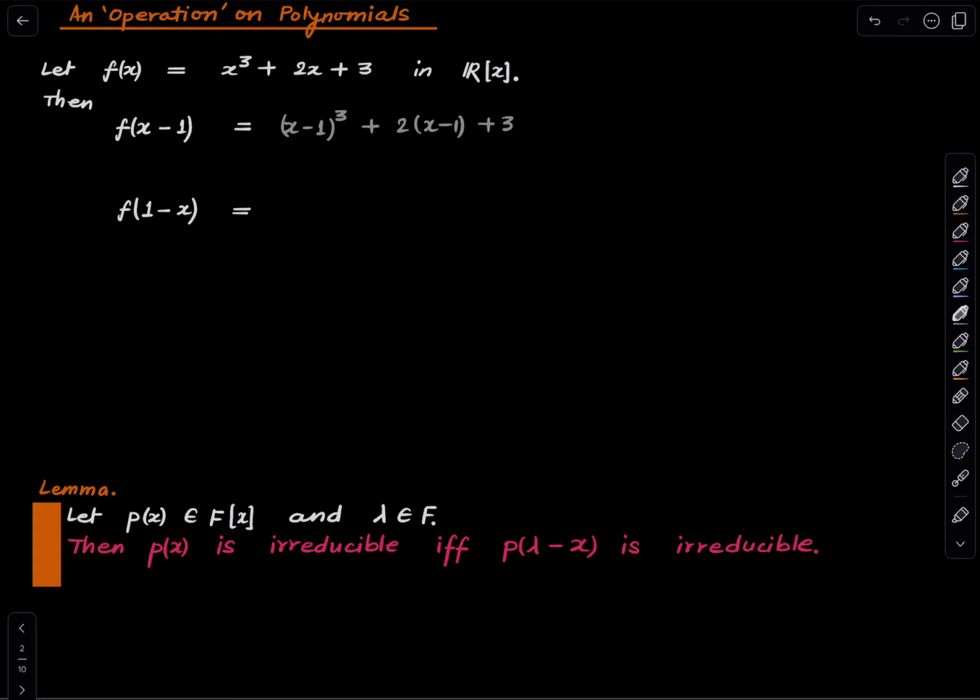Once you expand this out, I don't know the formula. I think it's going to be 3x squared minus 3x, I think. I could be wrong, doesn't matter.